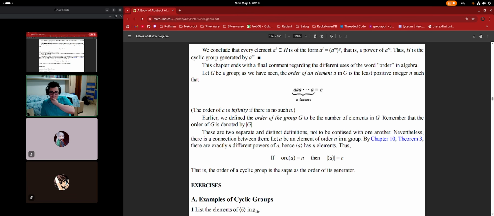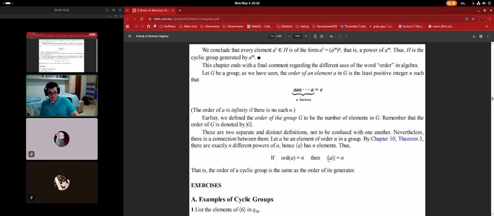So here's my question. We know that if you apply A n times, you're going to get the identity element. But we want to know how many elements the cycle of A generates.